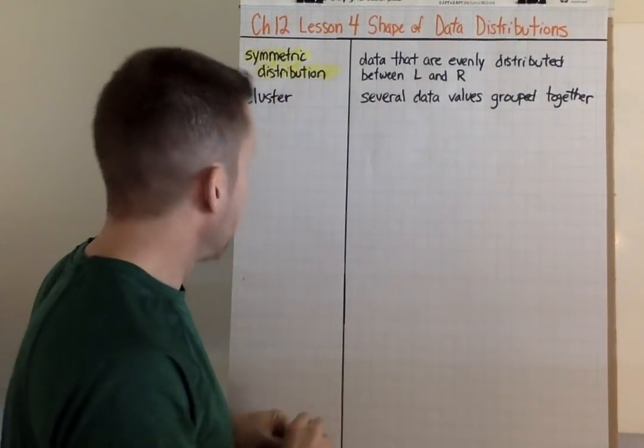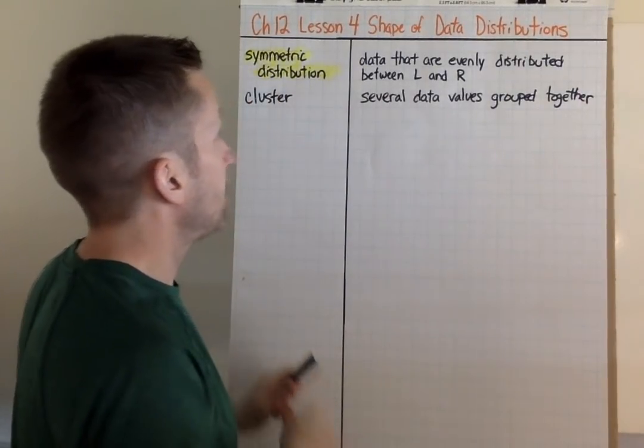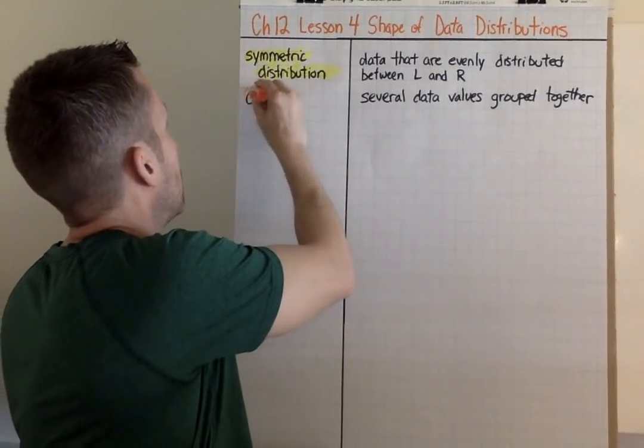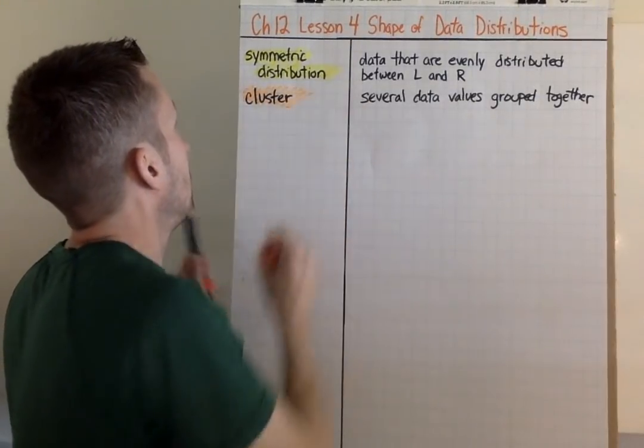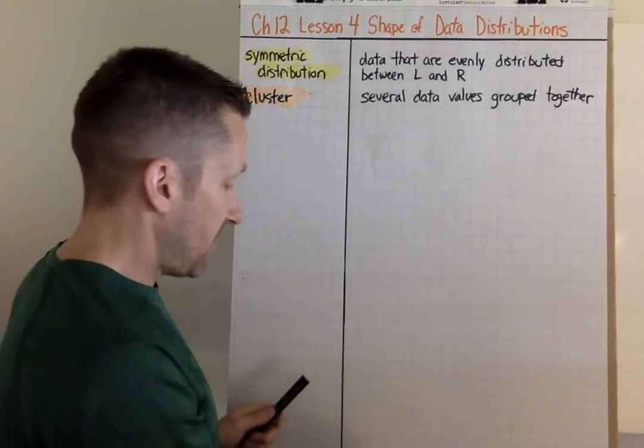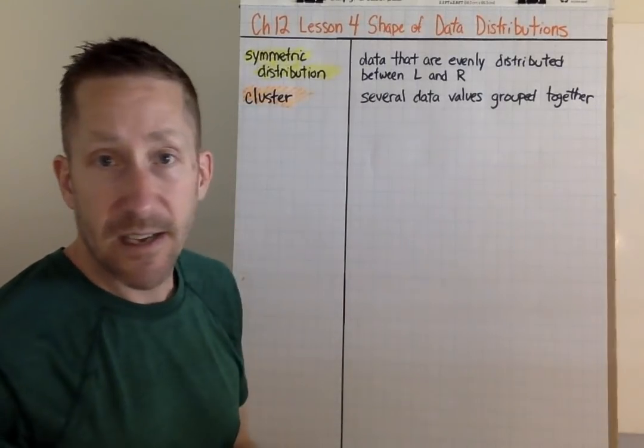I'll highlight that one orange. So these are keywords over here to describe the distribution of your data.